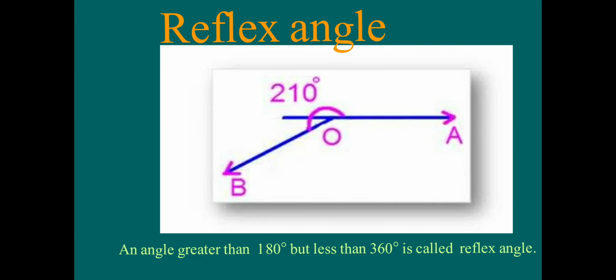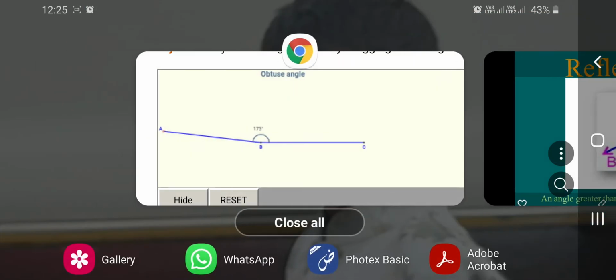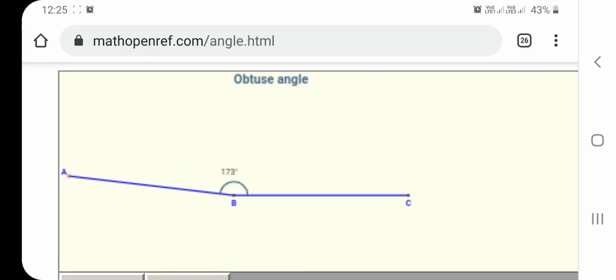Now I show you practically. This is a straight line. Exactly 180 degree is called a straight angle.